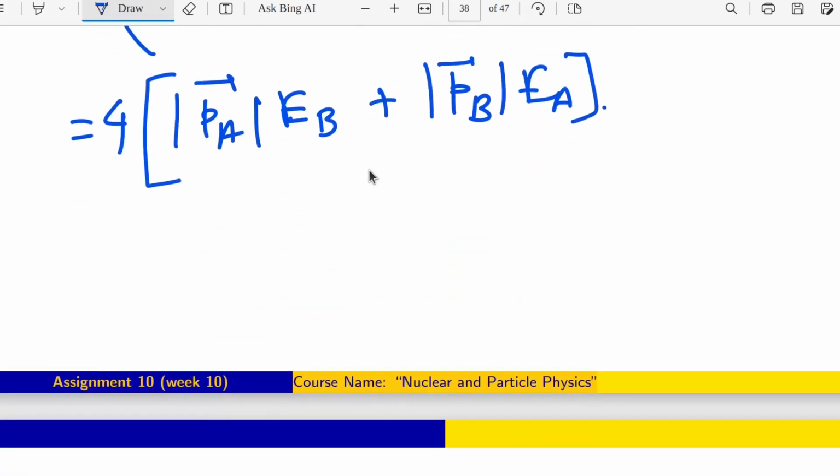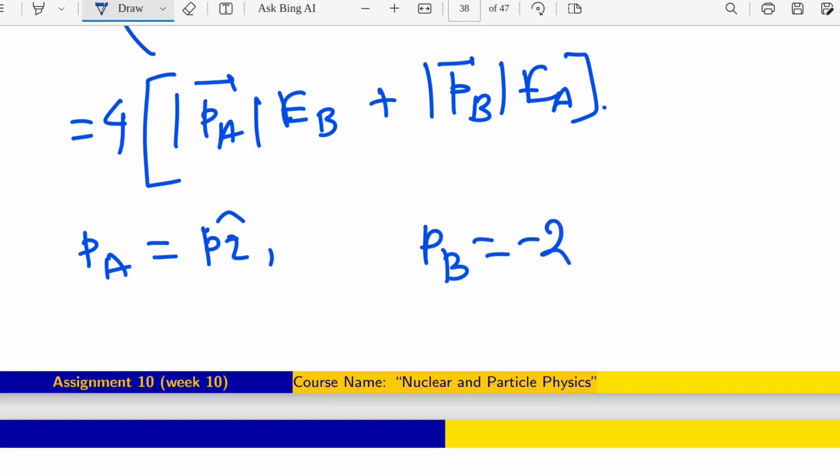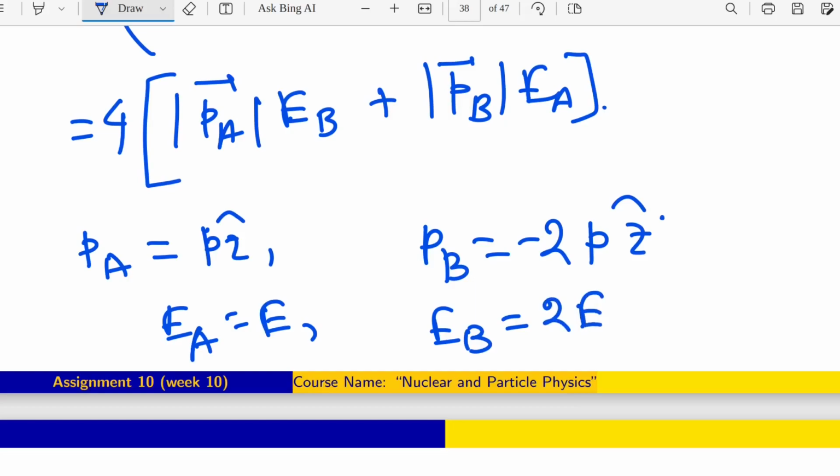Now in the question, PA is P z cap, PB is minus 2P z cap, and EA is E and EB is 2E.